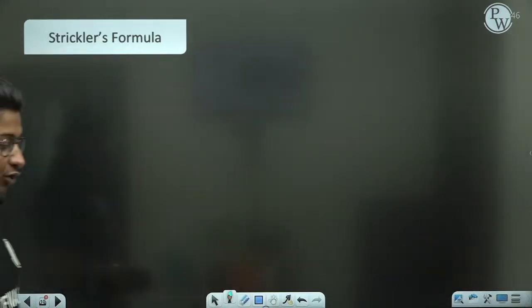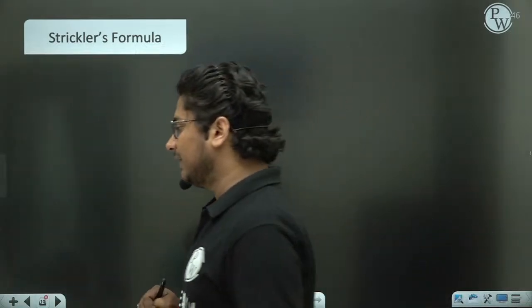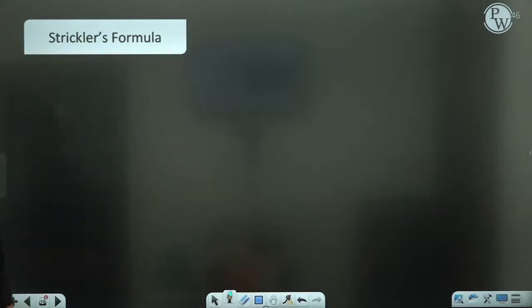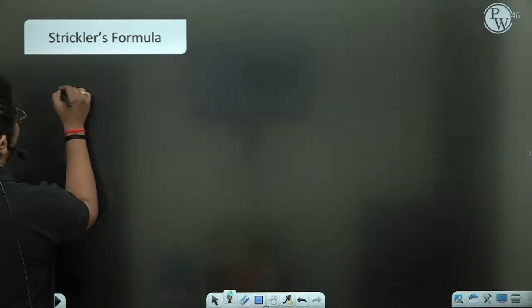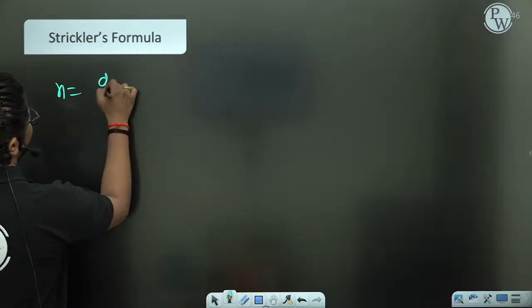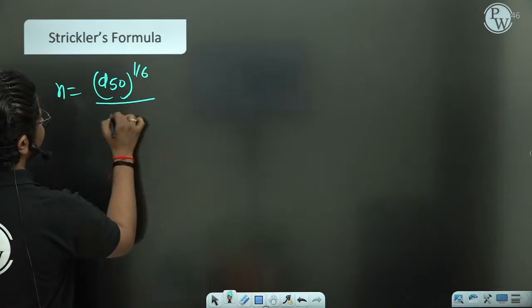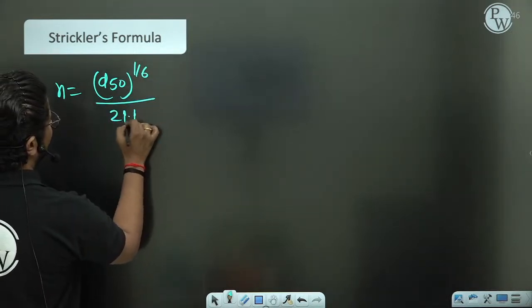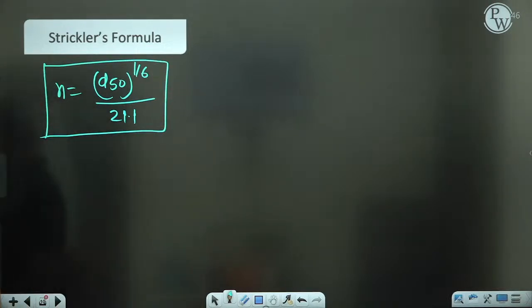Now to find out n, Manning's constant, we have two people, Strickler and Meyer-Peter, and they both have given formulas. Strickler has given the formula n equal to d50 to the power 1 by 6 divided by 21.1. Again, it's an empirical equation, but this is something you need to remember.